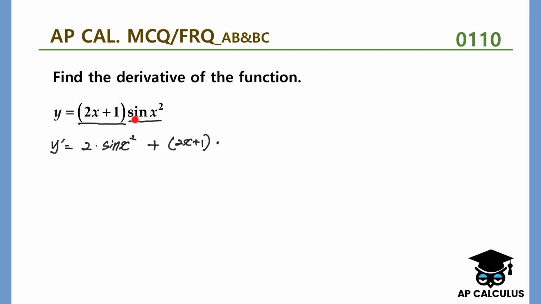Here, the derivative of sine, that's cosine, right? Cosine x squared, then times, multiply the derivative of this function right here. That's chain rule, right? So the derivative of x squared, that's 2x. So if we rewrite this function, that's going to be 2 sine x squared plus 2x plus 1 cosine x squared.